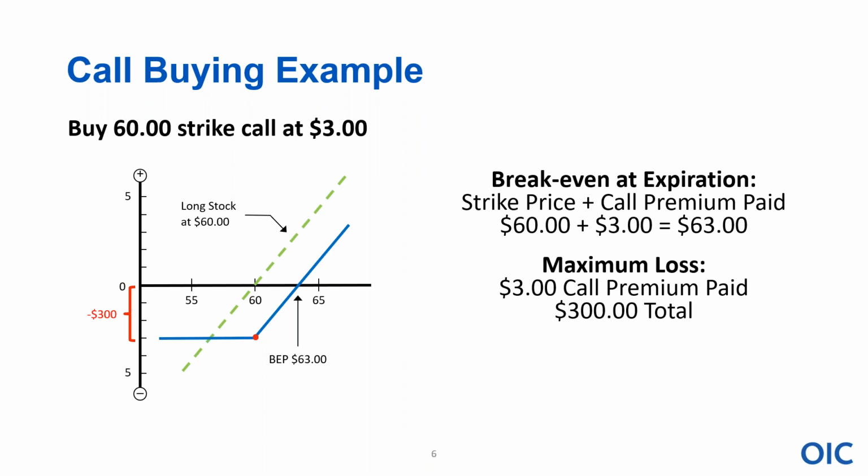That's a significant cost to incur, increasing the break-even point by that amount. However, our upfront cost is a lot less. Instead of $6,000 on 100 shares, we're paying $300, and that's our maximum loss should we go wrong. That's the reason to buy calls versus stock: the lower capital requirement out front and the similar risk profile once the stock starts to move.